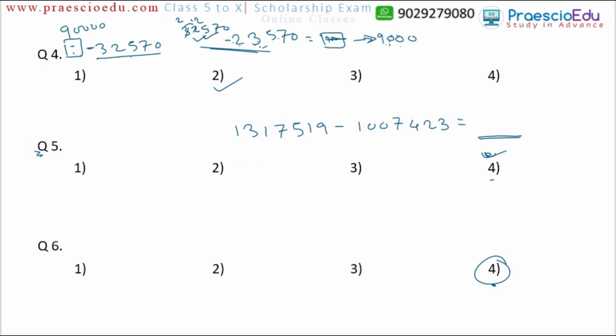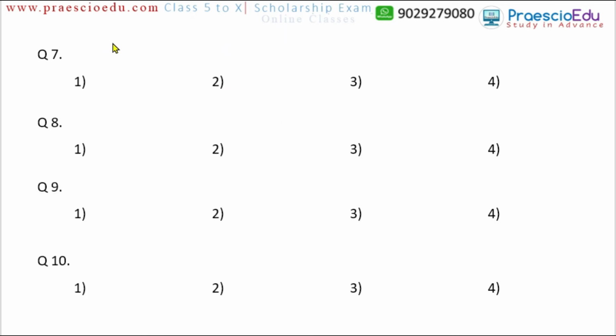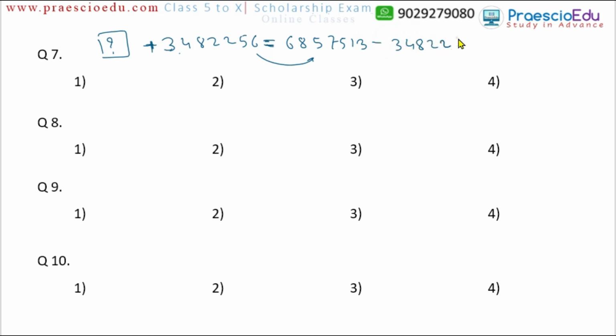So now question number 7, something, question mark, is shown in a box, then plus this 3, 4, 8, 2, 2, 5, 6 is equal to 6, 8, 5, 7, 5, 1, 3. So we have to find out this number. Okay, what we will do here, this is a positive, so we will shift it here, means minus this 3, 4, 8, 2, 2, 5, 6, and then we will carry out this subtraction.